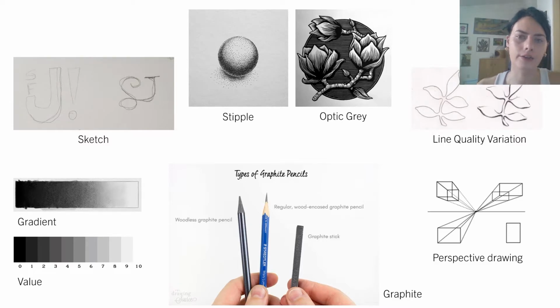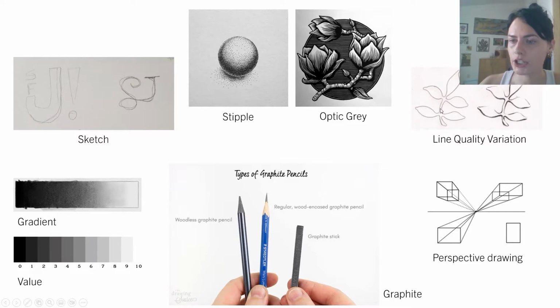So it's different than if you're using graphite like this gradient scale. That would not be optic gray because that's actually creating a solid gray. Optic gray is when you have bits of black and white next to each other that creates this illusion of gray, even though we're only using black and white. So that's what optic gray is.